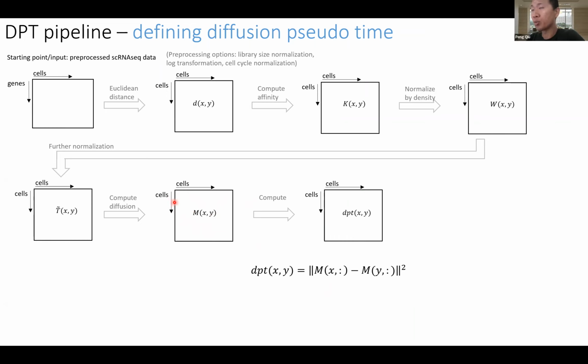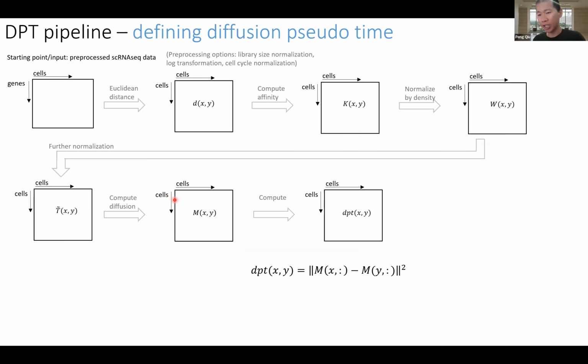Another row represents the probability distribution of where we can go if we start from another cell. If these two rows are highly similar to each other, meaning that regardless of whether we start from here or here, where we can go is highly similar with a similar probability distribution, then it indicates that these two cells must be at pretty much the same location.